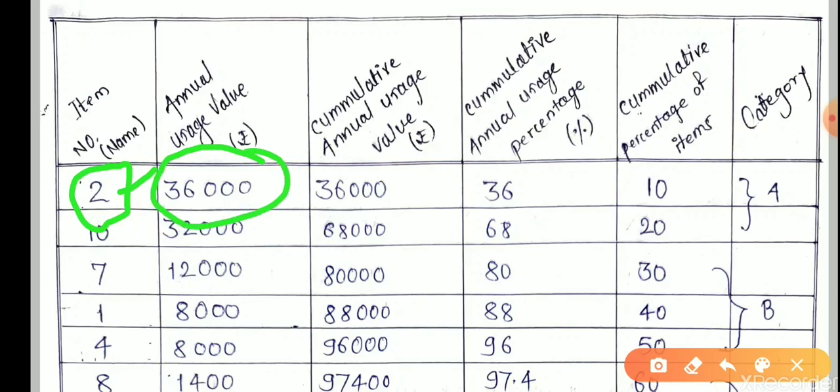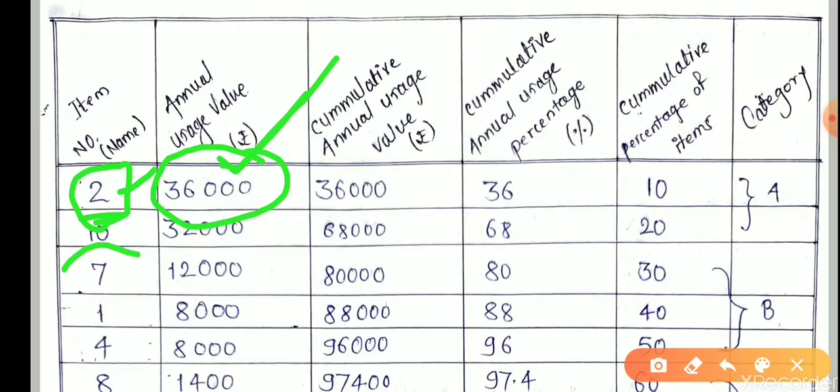For example, suppose this 2 is cement, then we are spending 36,000 rupees on cement for using, for controlling, for inventory, for purchase, all purposes. The total cost of this is 36,000 in the entire year.